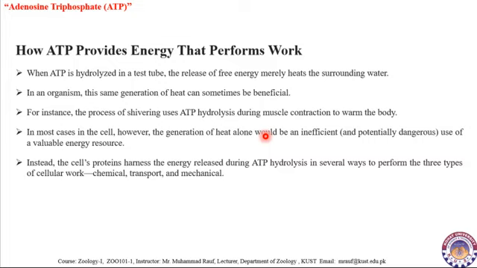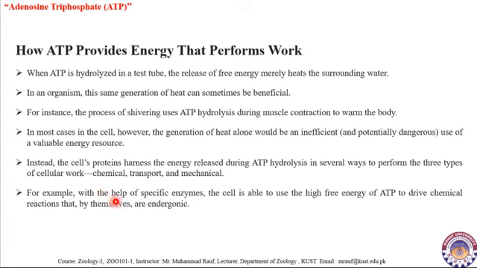However, there are certain mechanisms in the body which utilize the energy released by ATP, and this energy is utilized to the benefit of the body and to perform different types of work like chemical, transport, and mechanical. So this energy which is released is not wasted as heat and is incorporated in the performance of these types of work.